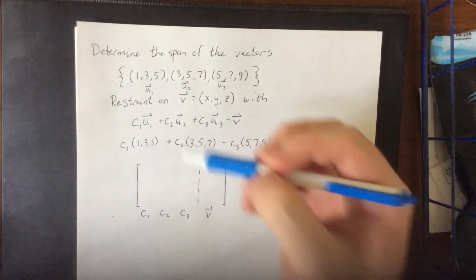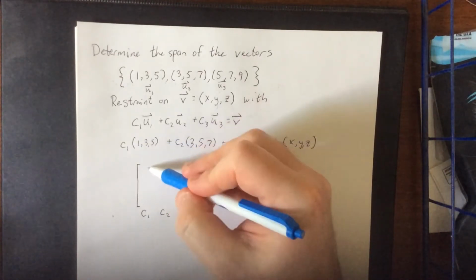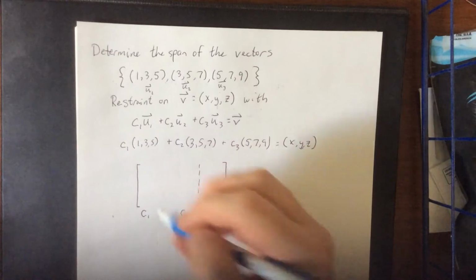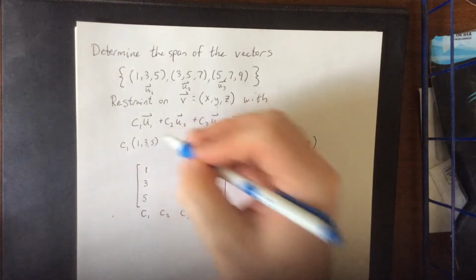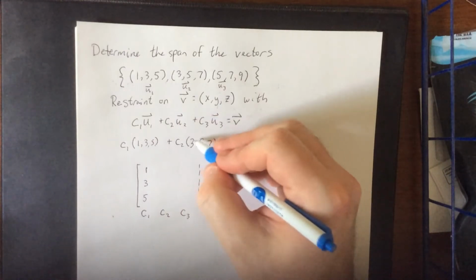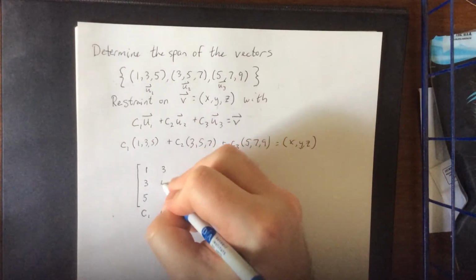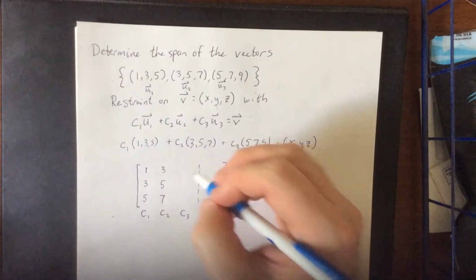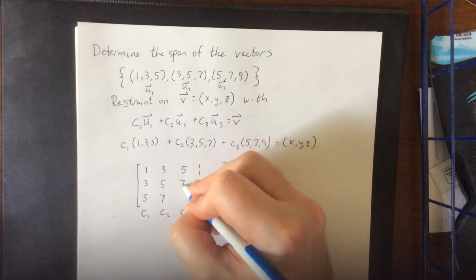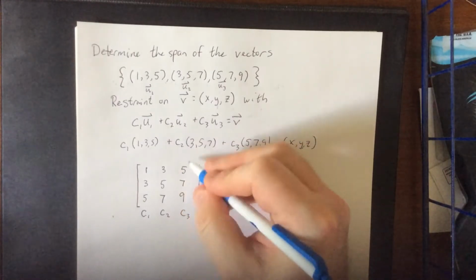Now the shortcut is I can take the corresponding vector and turn that into the column directly above what we have. So the first column is 1, 3, 5, because that's the vector u1. The vector u2 is 3, 5, 7, so that'll be the second column. And the third vector is 5, 7, 9, and that'll be our third column.